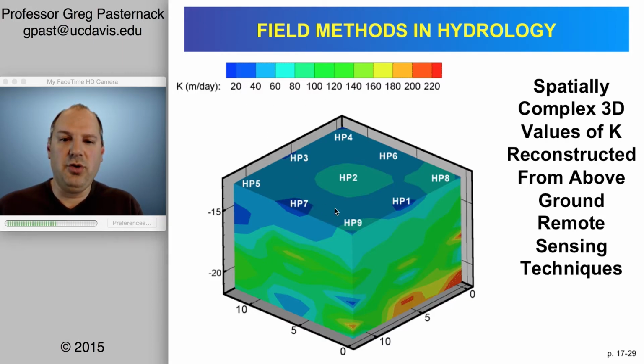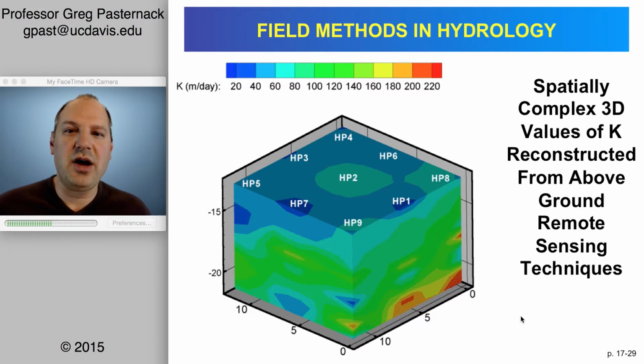Low is blue and high hydraulic conductivity is shown in red. Whether this is done from wells or remote sensing methods, the important thing to understand is that it is a highly variable property of the subsurface, and so one of the jobs of a groundwater hydrologist is to figure this out.